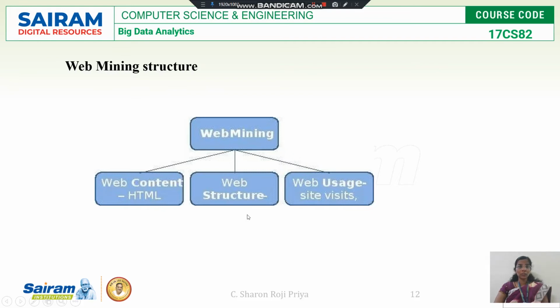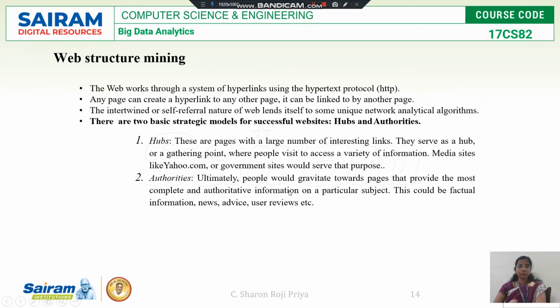Then what is web structure mining? The structure of your web pages. All the web pages will be linked to another web page using hyperlinks. This web structure deals with these links, and we have two basic structures, hubs and authorities.